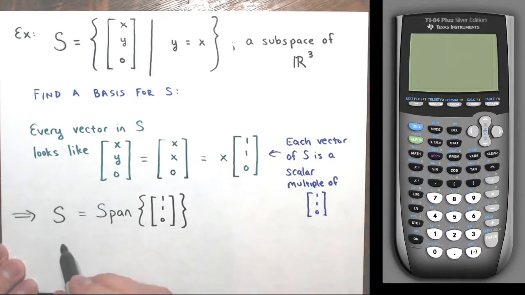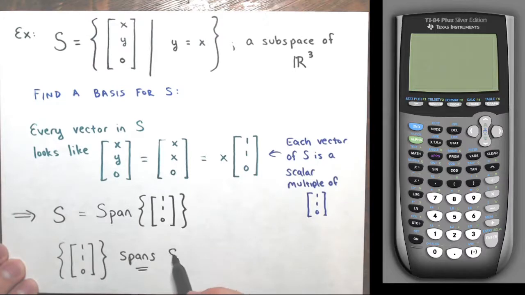Or you could say that the set with 1, 1, 0 in it spans S, right? And that's one thing you need to look out for when you're trying to find a basis. I have found a set of vectors, just one vector, that spans S. Every vector in S is a linear combination, or a scalar multiple in this case, because there's only one vector, of 1, 1, 0.